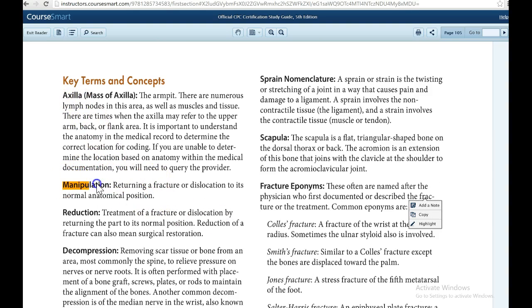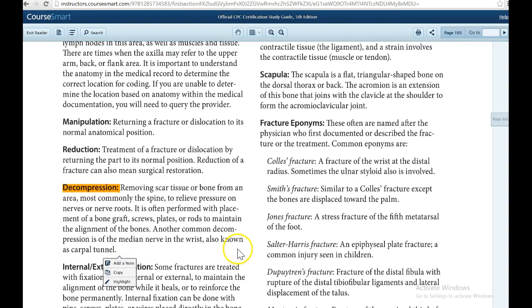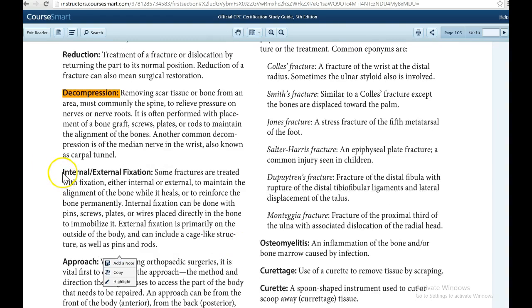You need to know the definition of manipulation. These are important. Reduction. Know these now. Decompression. You need to know these terms because they're going to use them in a way that you almost have to know what it is they're talking about.